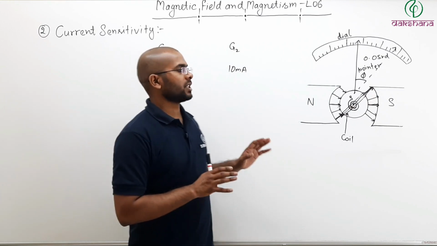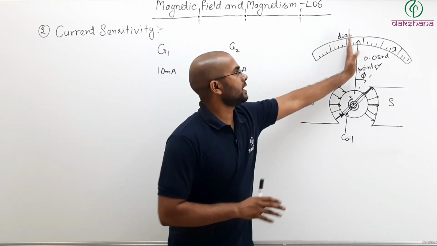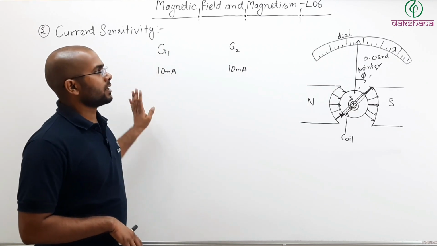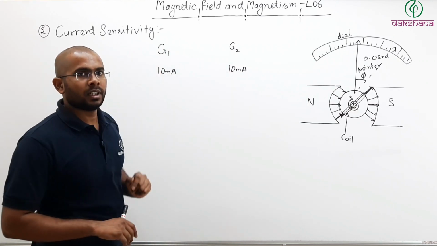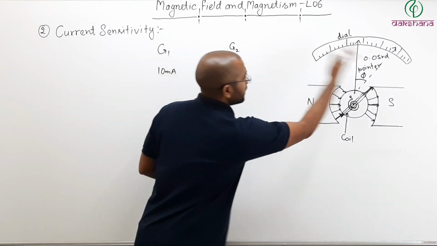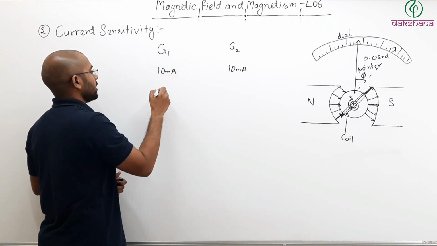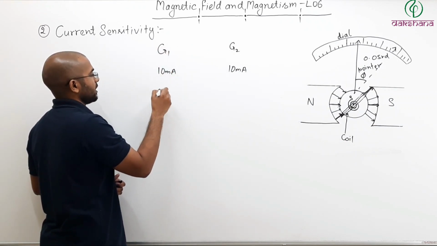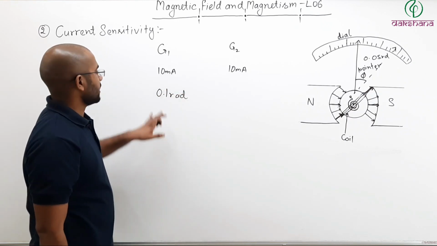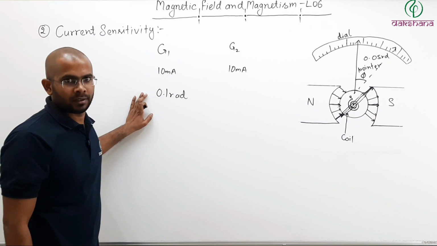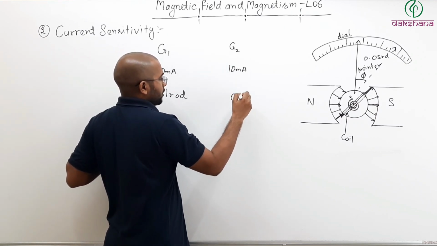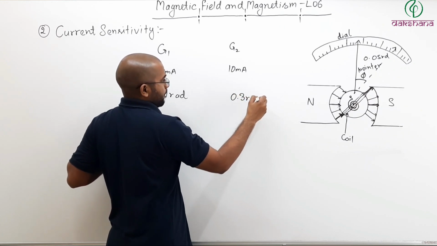You must have seen a galvanometer in your laboratory, this is the dial here. Passing the same current, let us say galvanometer 1 shows a deflection of 0.1 radian. And let us say galvanometer 2 shows a deflection of 0.3 radian.